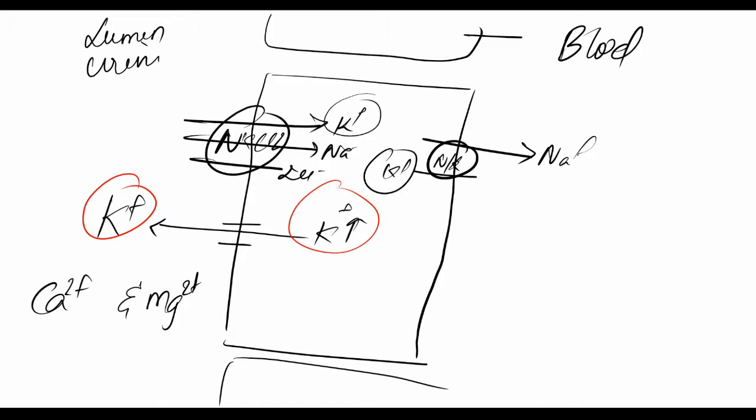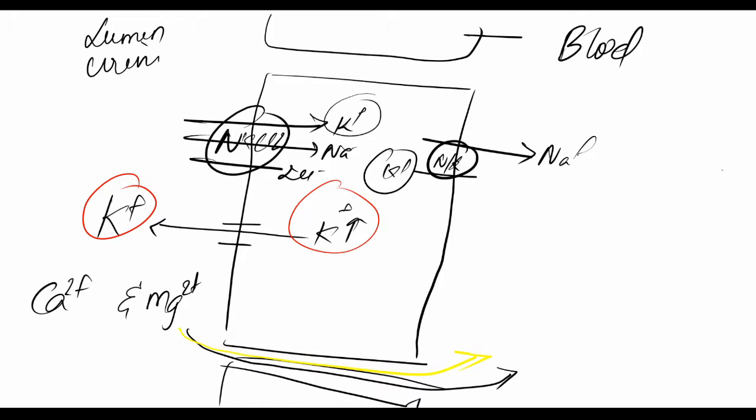So to balance the charge that the potassium is bringing in, the calcium and magnesium are reabsorbed. They pass through the interstitial fluid and get reabsorbed back into our blood. So this is how the calcium and magnesium are reabsorbed. They're reabsorbed because of the potential gradient. So this is the mechanism of action.